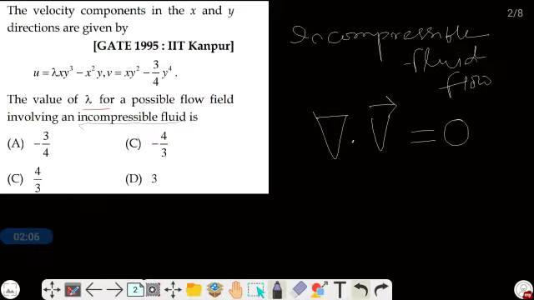Our V is given. What is V? V is basically u i cap plus v j cap plus w k cap.